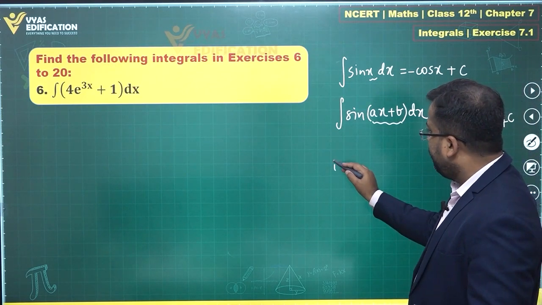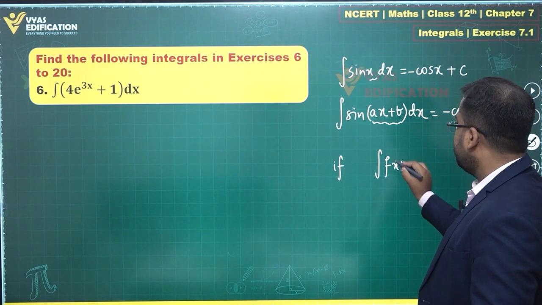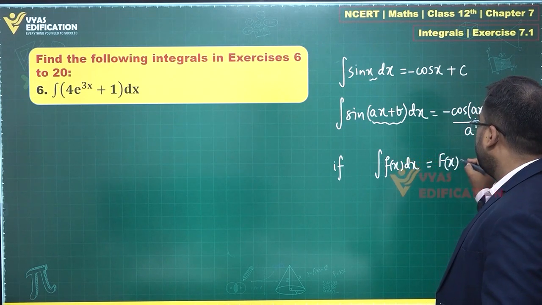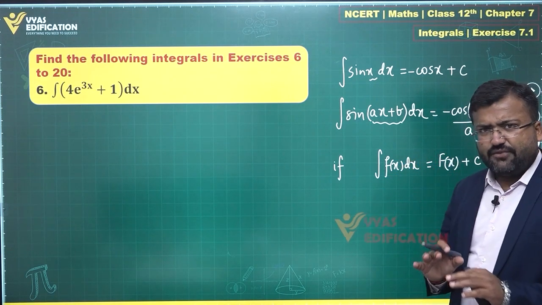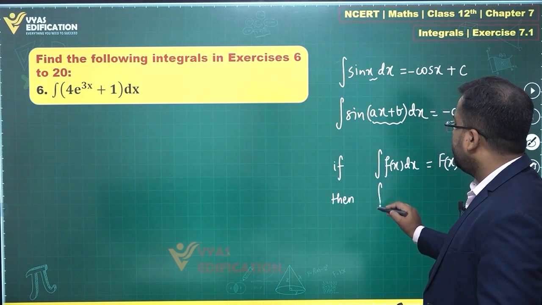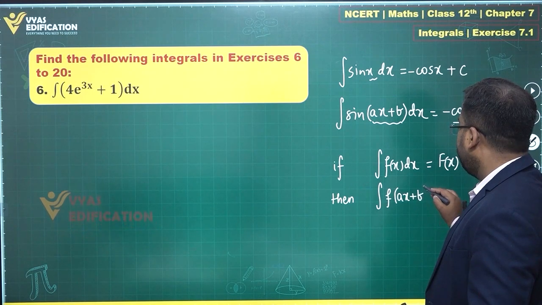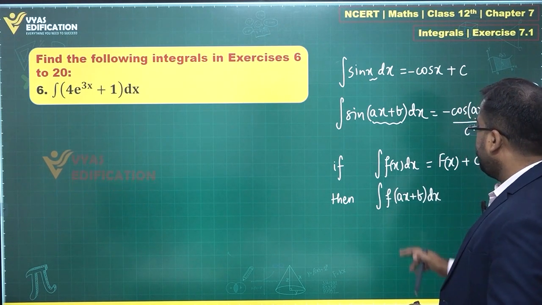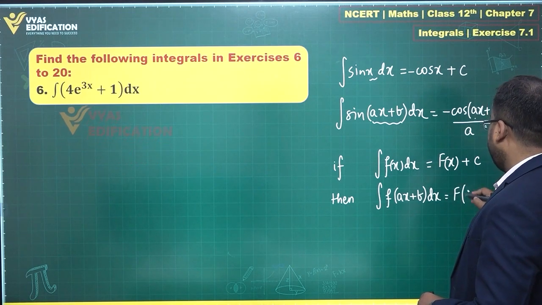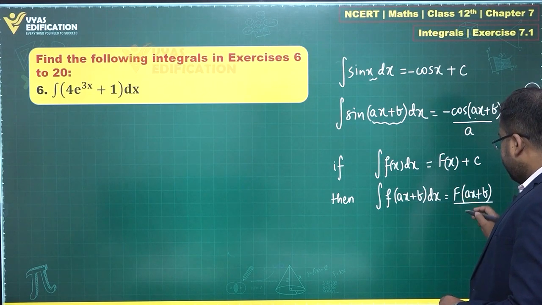So therefore, if integral of f(x) dx is equal to capital F(x) plus c, then you should remember that integral of f of (ax plus b) dx is equal to capital F of (ax plus b) whole divided by this a over here.